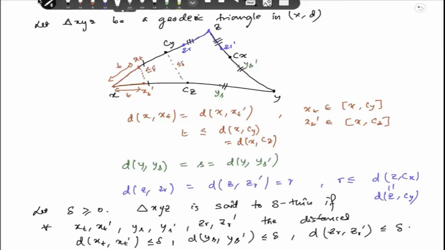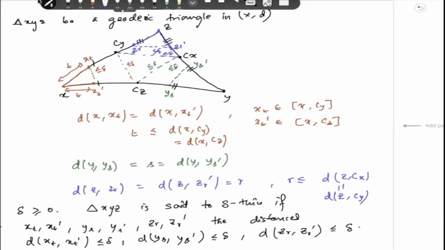And the distance between Ys and Ys prime is less than or equal to delta for all s less than or equal to the distance between Y and Cz. Similarly, the distance between Zr and Zr prime is also less than or equal to delta. So that will imply the distance between Cy and Cx is also less than or equal to delta. Yeah, so that is the meaning of thinness of a triangle.